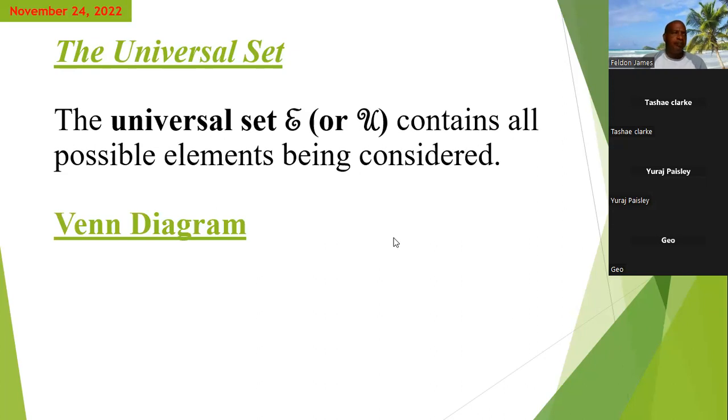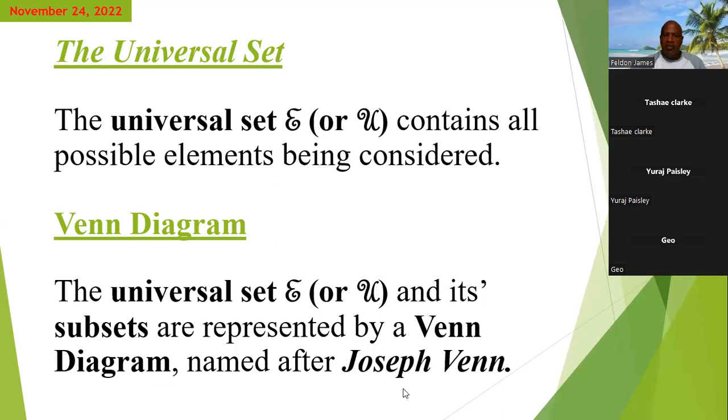Now, a Venn diagram is a diagram that we use to illustrate how sets are related, right? The diagram itself came about by a person known as John Venn. He's the person who started to put sets in the form of a diagram, and so they use his last name to call it a Venn diagram.